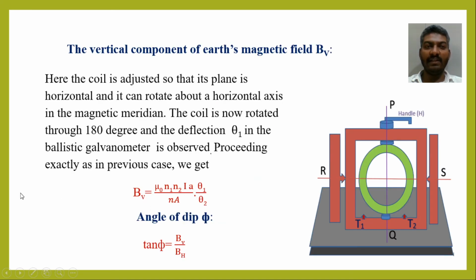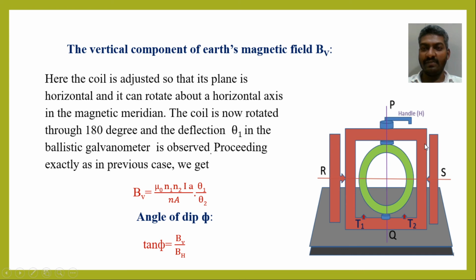Now let us see how to determine the vertical component of Earth's magnetic field, that is BV. Again the same circuit connections, and again the same earth inductor, but here the plane of the coil should be kept horizontal, and the axis of rotation should be along the direction of the magnetic meridian, that is along this RS.